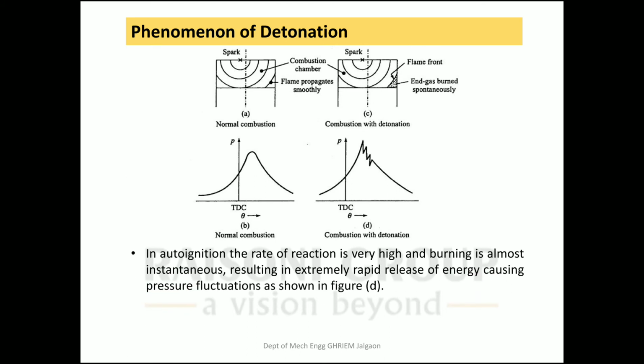In auto ignition, the rate of reaction is very high and the burning is almost instantaneous, which results in extremely rapid release of energy, causing pressure fluctuations as shown in figure D. In figure D, we can see the fluctuations in the pressure in the P-theta diagram.